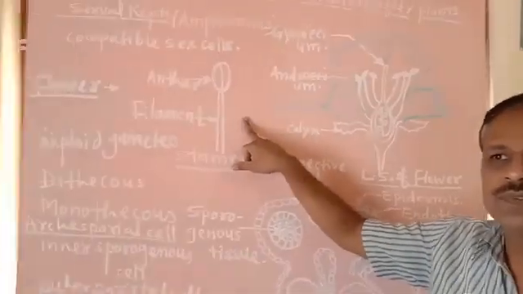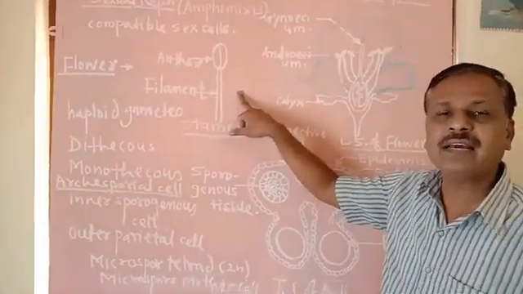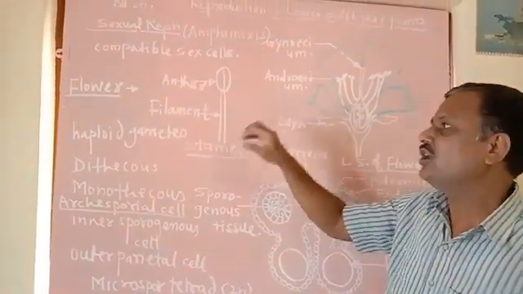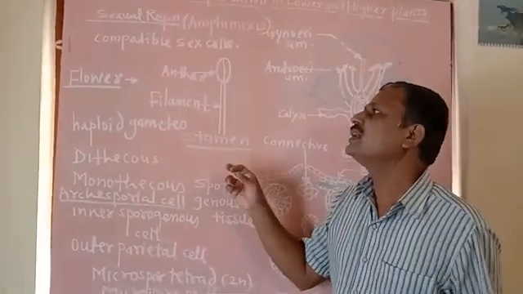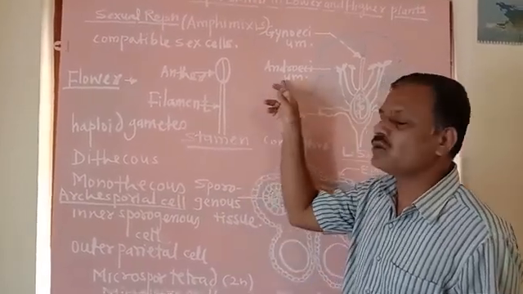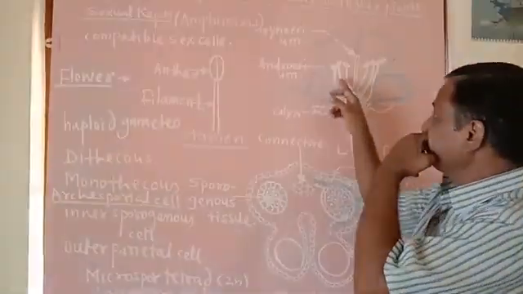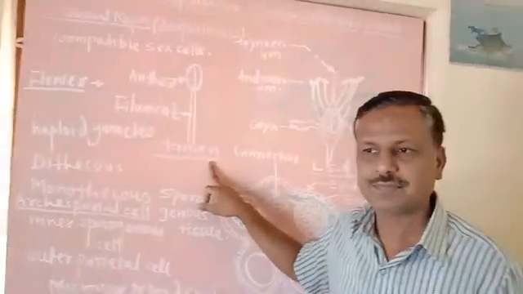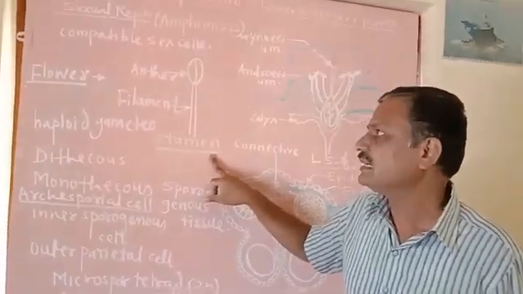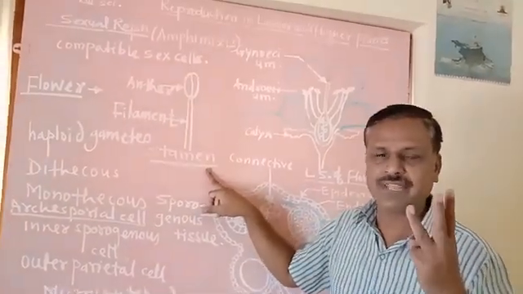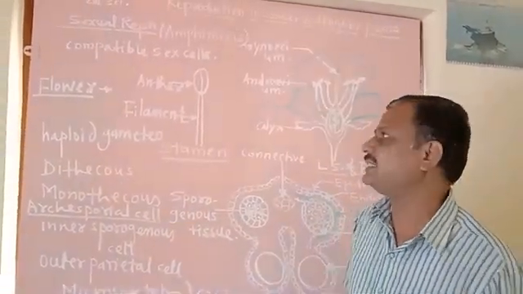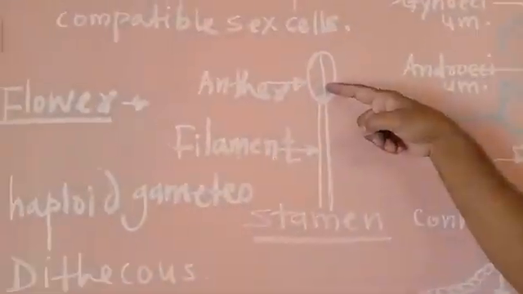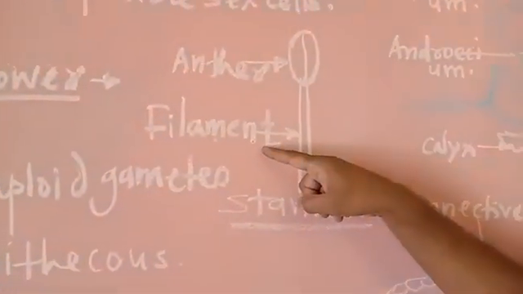Androecium is the male reproductive whorl of the flower. The individual member of this androecium is also called stamen. Stamen is made up of three main parts: anther, connective and filament.